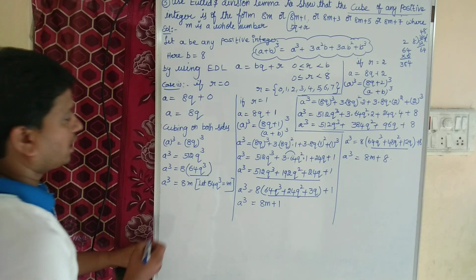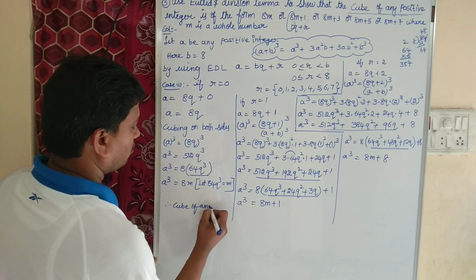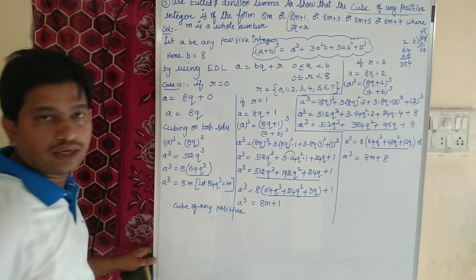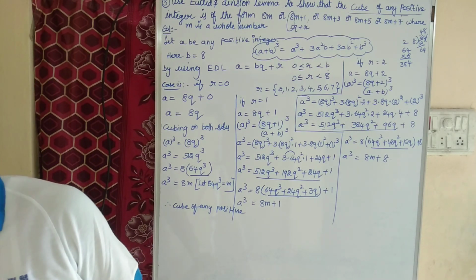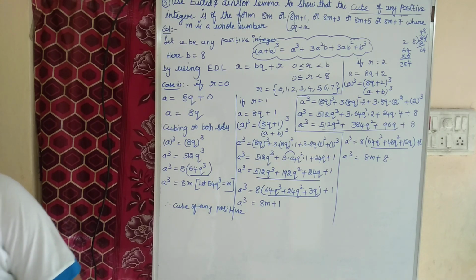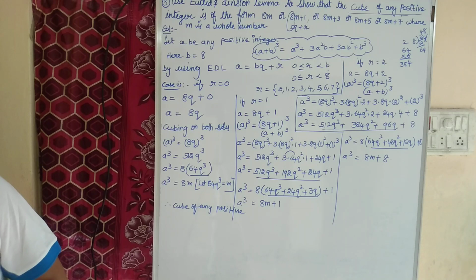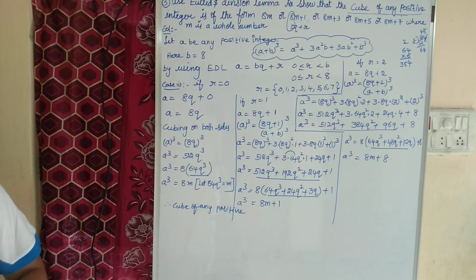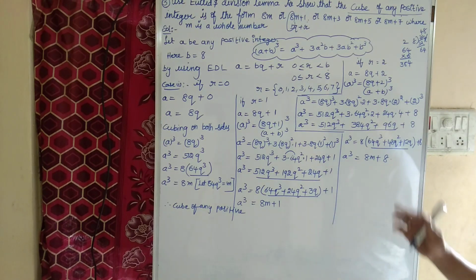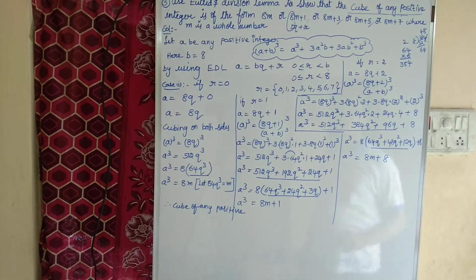Therefore, I can say that cube of any positive integer is of the form 8m. When we have taken r equal to 2, we got 8m plus 2. Okay children, actually they are asking to prove 8m plus 3 or 8m plus 5.